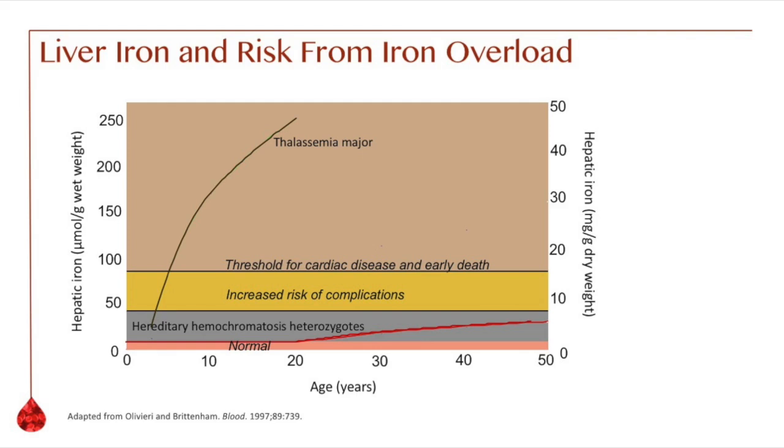If patients with thalassemia major are not treated with chelators, their hepatic iron will continue to increase from transfusions, reaching approximately 30 milligrams of iron per gram liver dry weight by age 10. These patients have a profoundly increased risk for morbidity and early death.